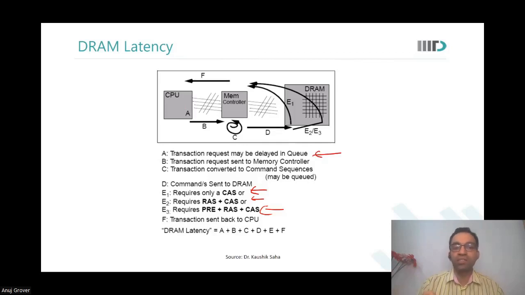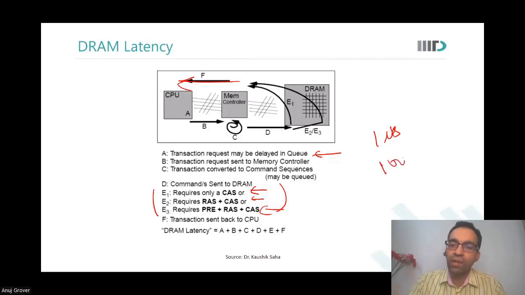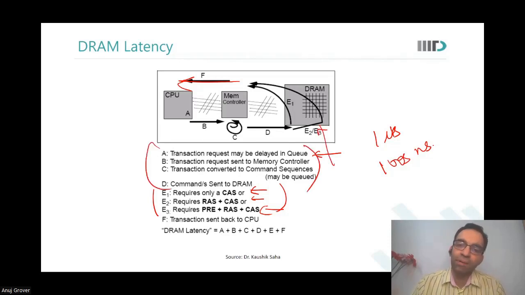First you will put the transaction request into the queue, then it goes to the memory controller, then it goes to the command sequencer, then the command is sent to the DRAM, then DRAM takes its own sweet time, the ones that we talked about, and then all this information is sent back to the CPU. Do you now realize why access to the main memory could be of the order of microseconds or hundreds of nanoseconds? DRAM doesn't take that much time by itself, but there are so many additional transactions that need to happen that it takes a lot of time.